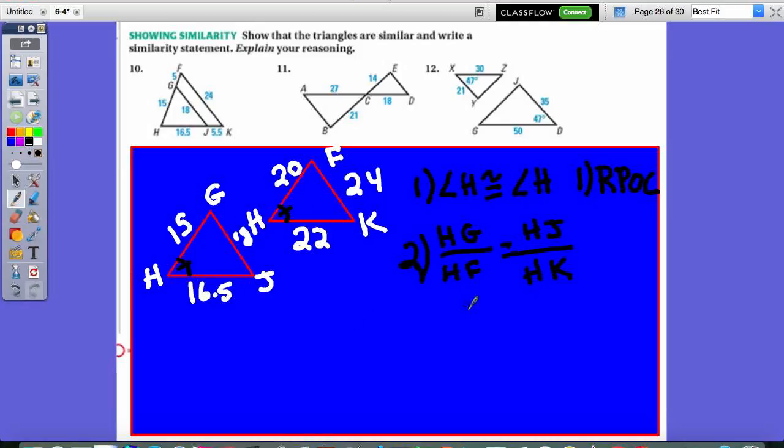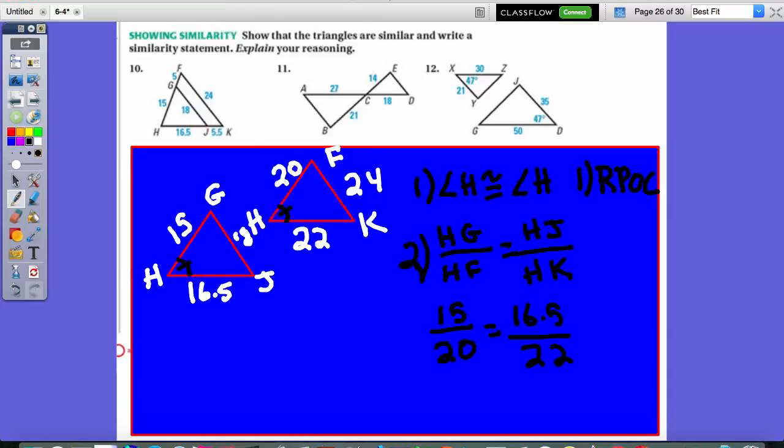So HG is 15, HF is 20, HJ is 16.5, 15 over 20 is 3/4.